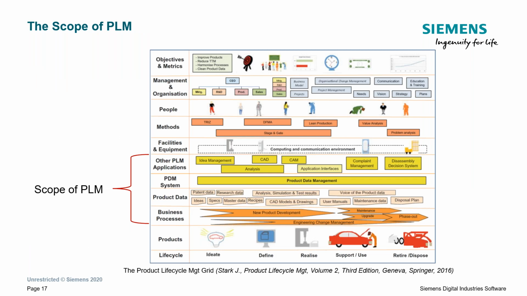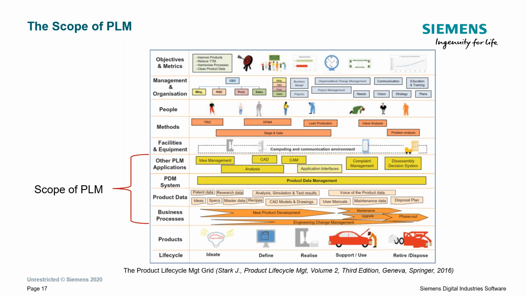I want to say a couple of words about what we mean by PLM. There are two slides here. This table from John's book, I really like because it's a nice overall look at product development and manufacturing. At the bottom, you see the different stages of a product's life cycle.